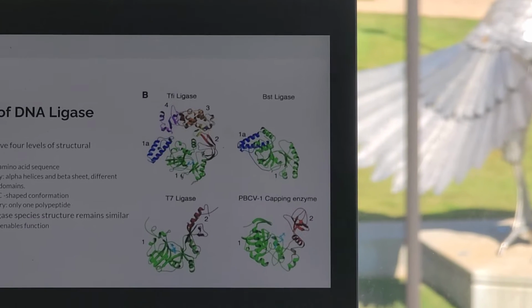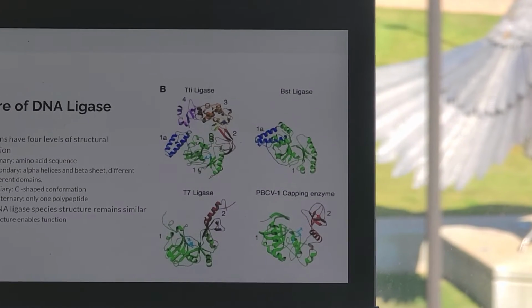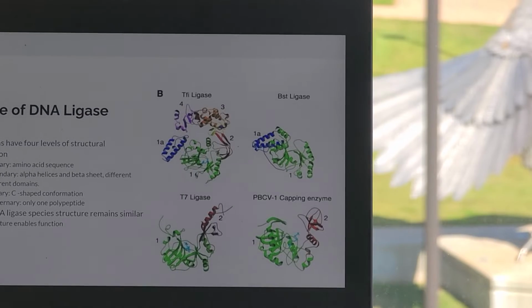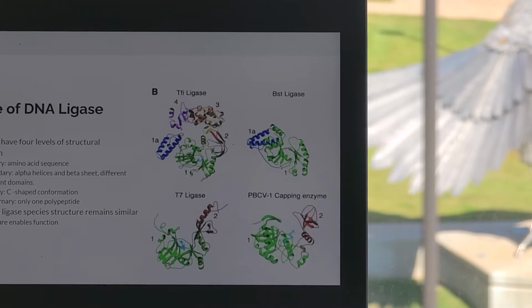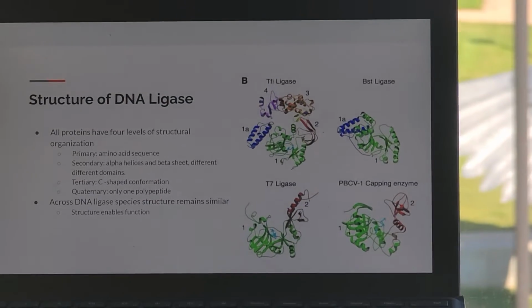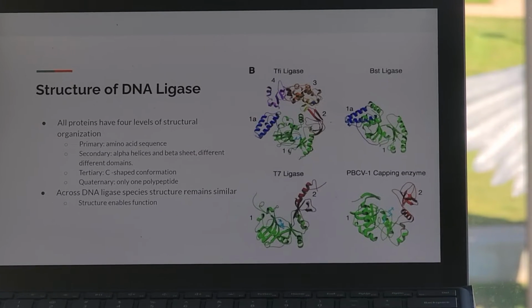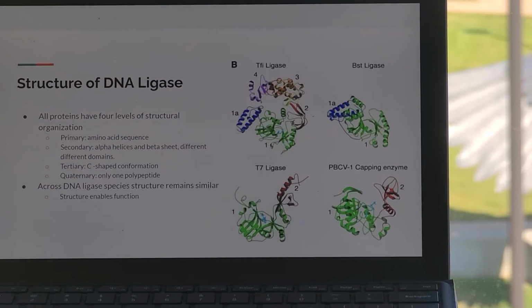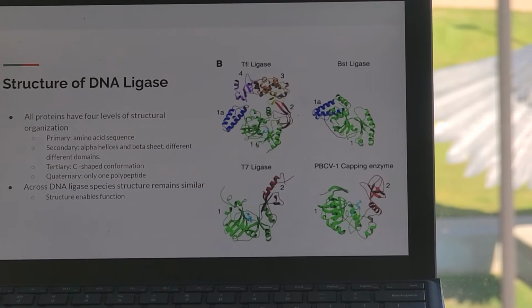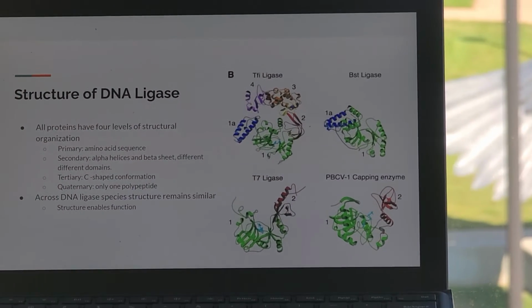Its amino acid sequence is very important for the secondary and tertiary levels, because the amino acid sequence will give them that shape. A specific amino acid that we talked about before is the one in its active site, the lysine amino acid.